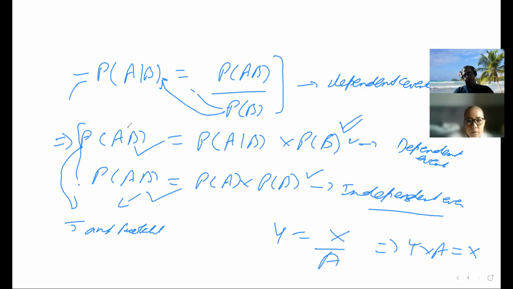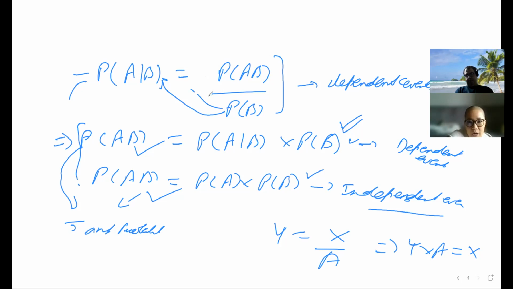Okay, so you moved P(B) to the left side because it's in a division. Then P(A and B) goes to the right side, and it becomes multiplication because it goes to the right.